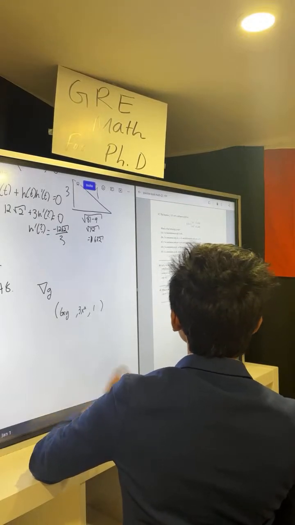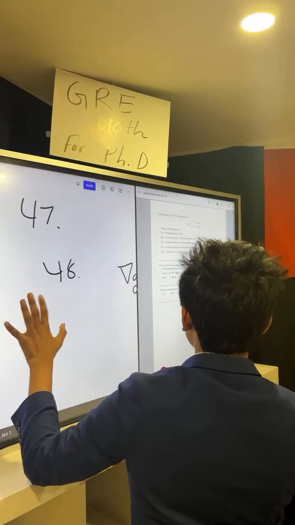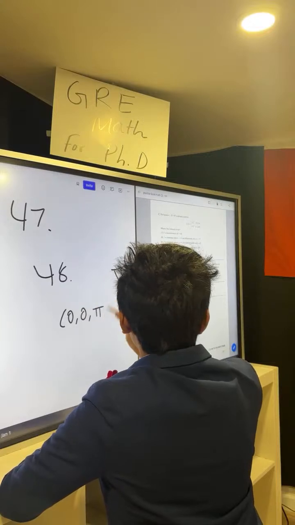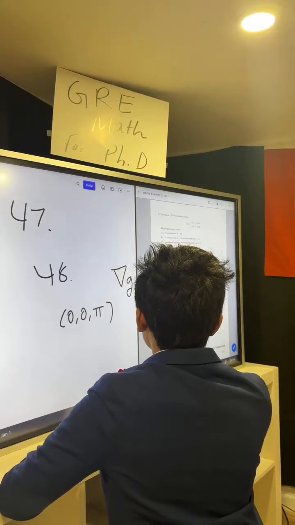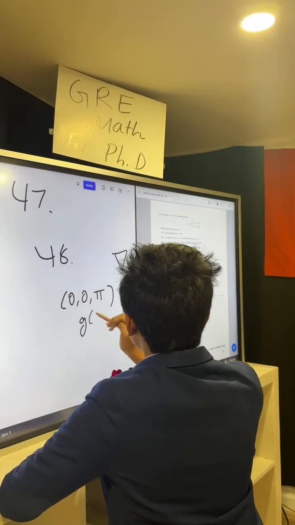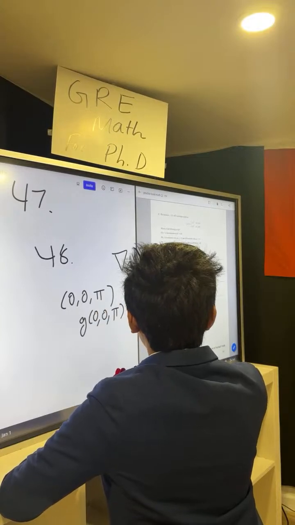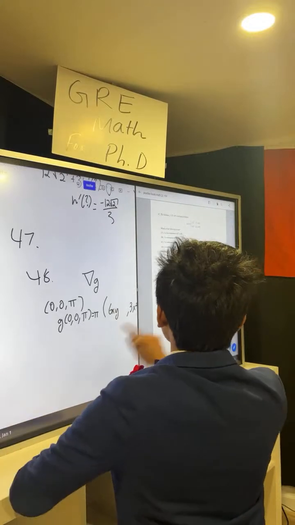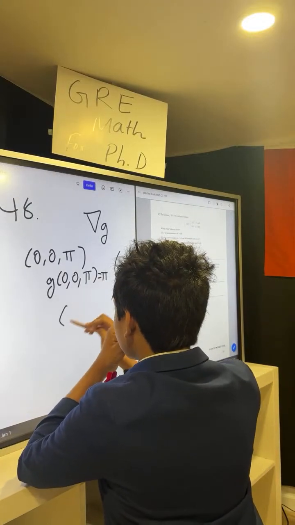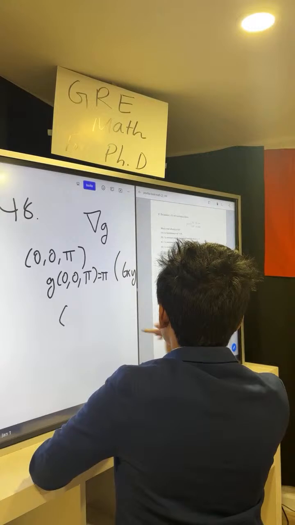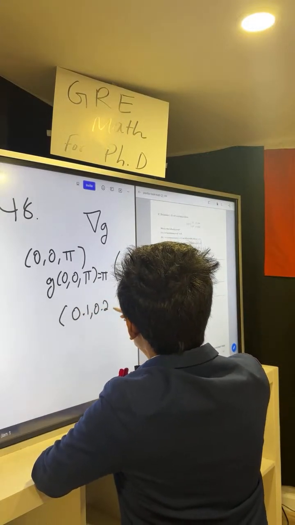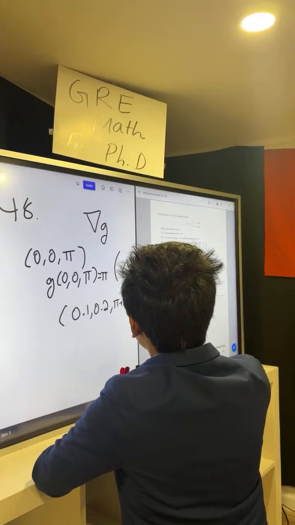Oh, there's an easy way to approximate it. All you have to do is take 0, 0, pi, right? What's the value at 0, 0, pi? G of 0, 0, pi is pi, obviously. But then you move it in the direction of the specified vector. So something like 0.1, 0.2, pi plus 0.3.